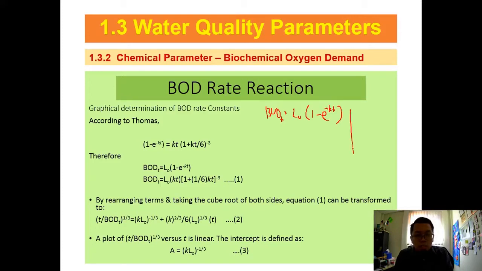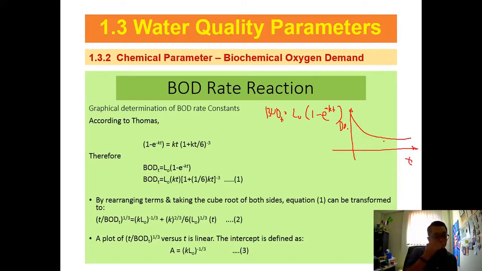So this one represents the kinetic reaction. Based on the graphical method by Thomas, they want this curve changed to a linear line, and then you can determine the L0 and K.